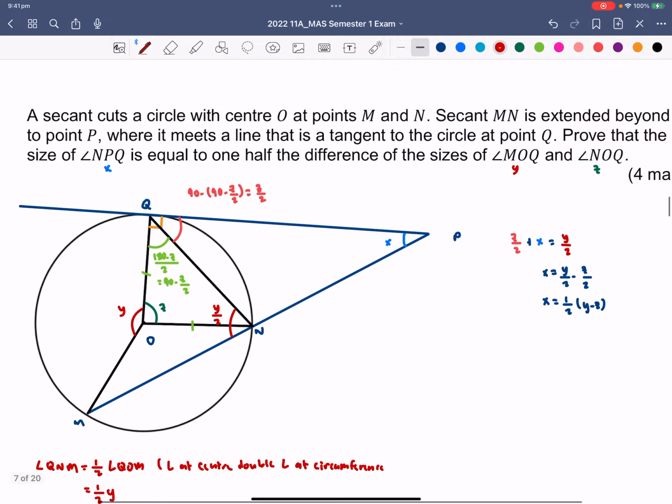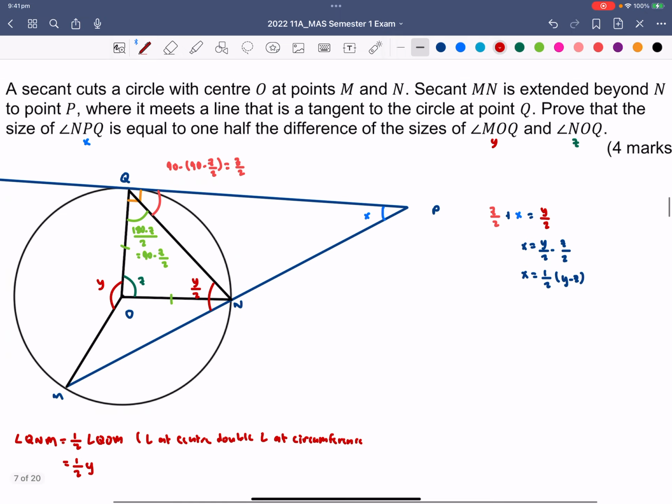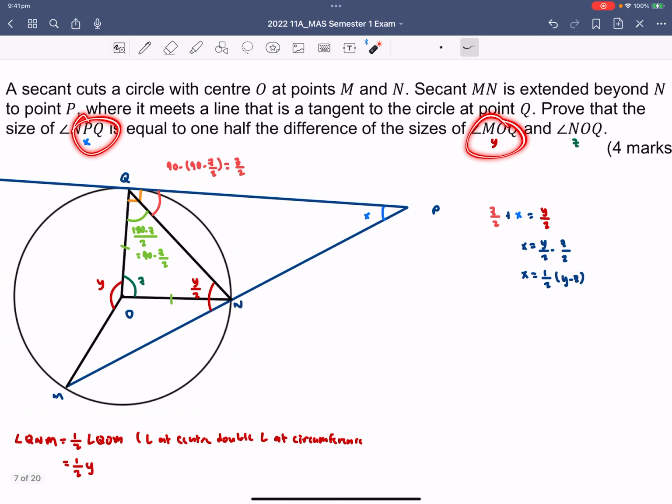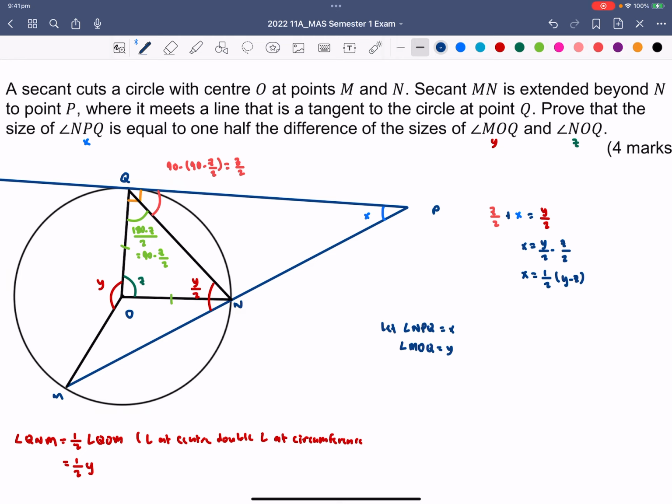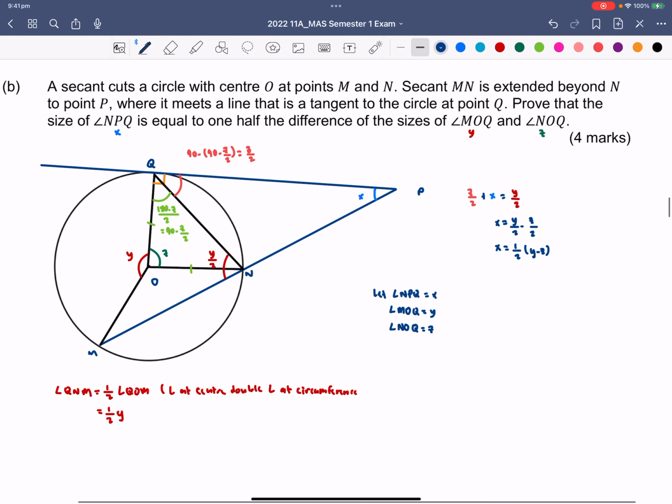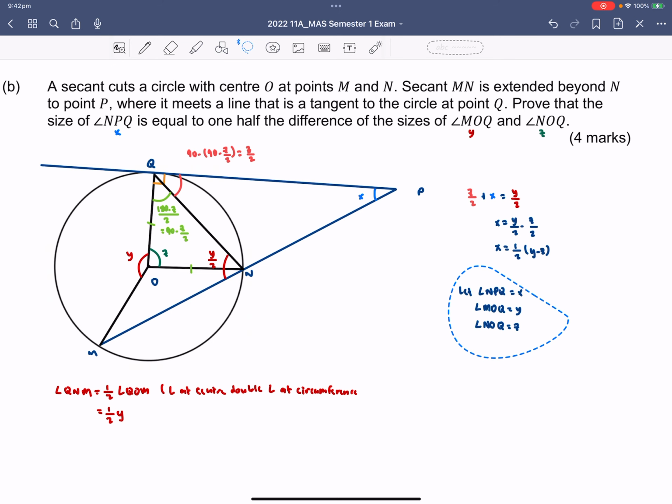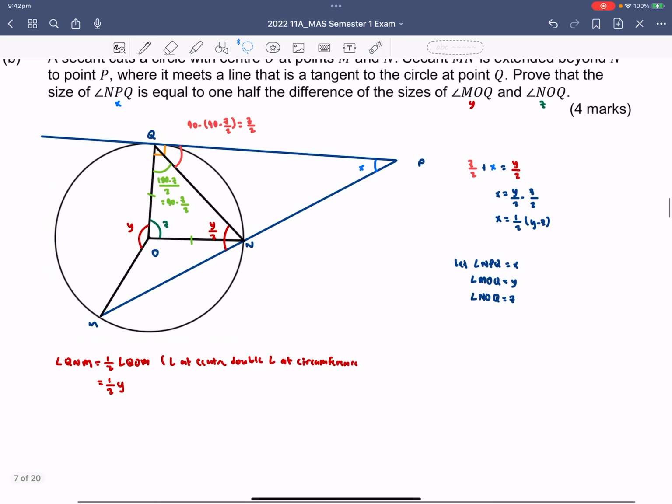I should have said at the start: let angle NPQ equal x, let angle MOQ equal y, and let angle NOQ equal z. I would have done that right at the start of the question.